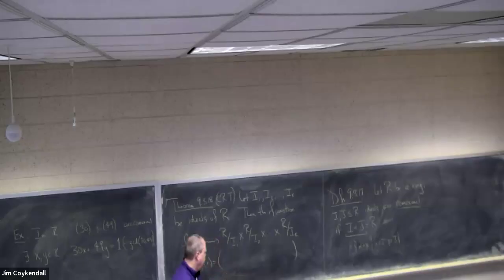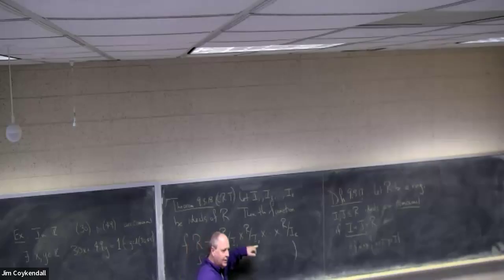What's the best thing I can do, right? My input is an element of R. Is that the direct product? It is. That's right. This is the direct product. So I want this to spit out a k-tuple, right? I need k entries. The first one has to be an element of R mod I1, the second one has to be an element of R mod I2, and so forth.